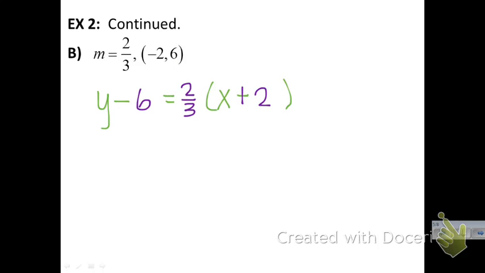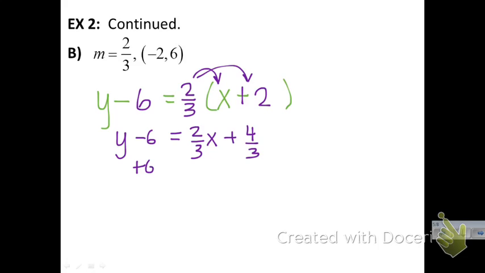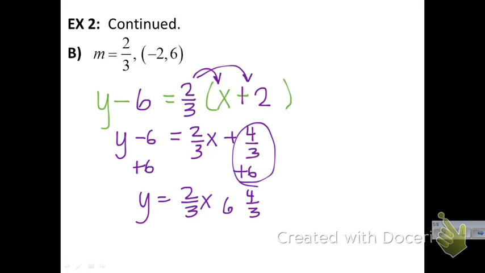So again, 2 steps. Our first step is to distribute the 2/3. And then we get 2/3 times 2 gives us 4/3. And from here, to isolate the y, we just add 6. And we also talked about when we add these, we can't write it as 6 4/3. That's a mixed improper.